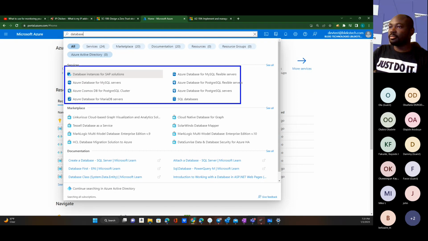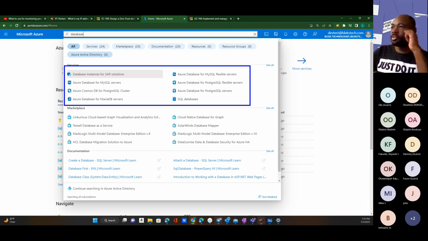these are the database solutions we have. MariaDB, there's Postgres. If you are into data, if you're into DevOps, if you are into non-structural database management, you're going to be doing a lot of Postgres. You're going to be doing a lot of Cosmos DB.